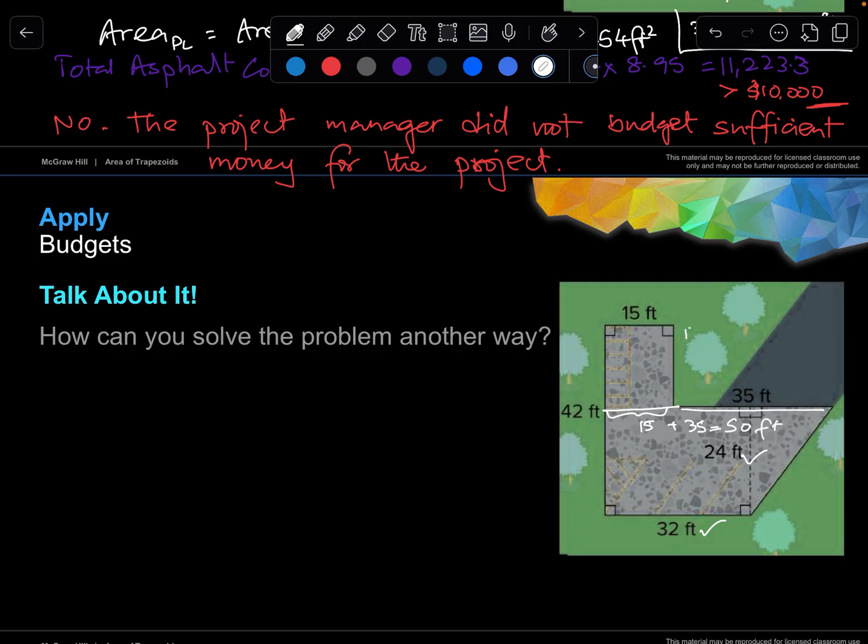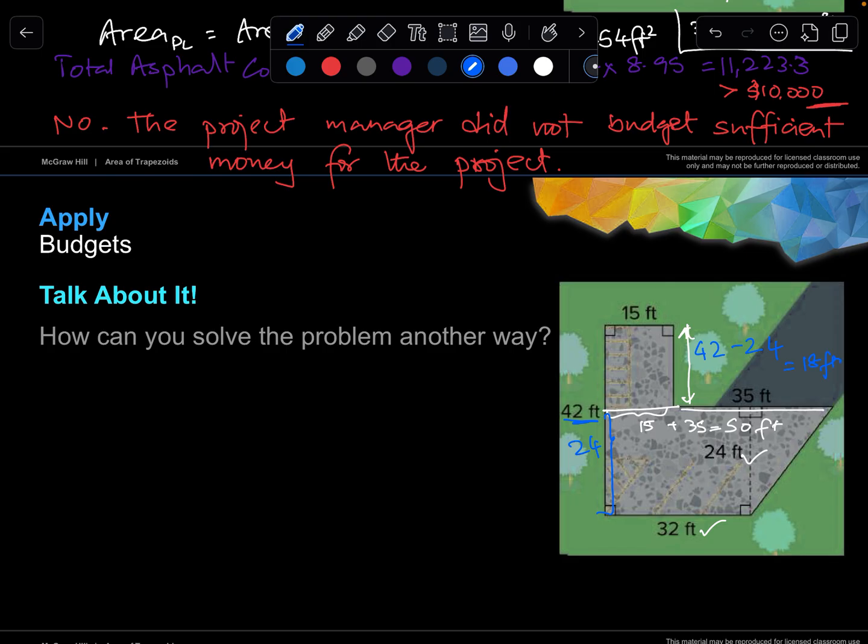And do I know this dimension? Again, I can figure that out. I know that this height is 24 feet. I know that the total height is 42. So this dimension is going to be 42 minus 24, which is 18 feet.